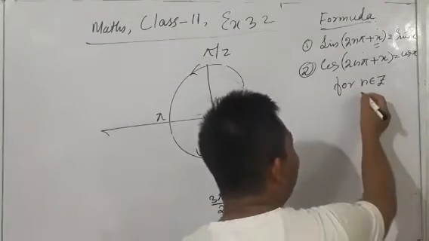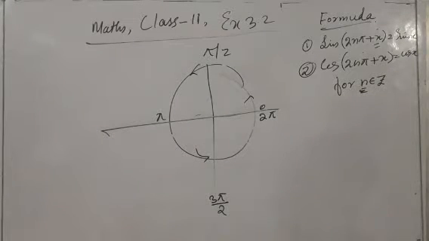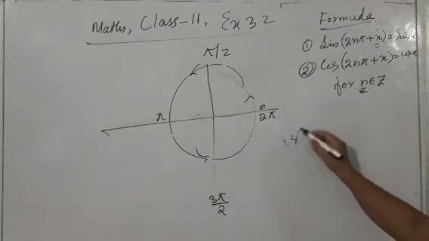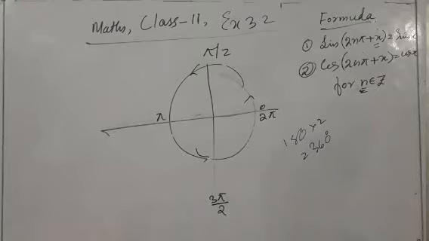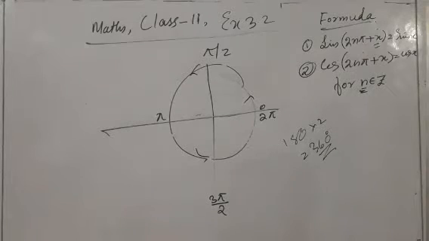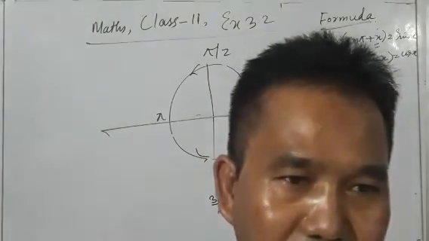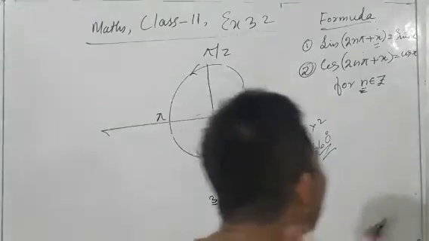So n is caring about the number of rotations. One rotation completed is 2 pi. 2 pi means pi equal to 180, and then 2, so it will be 360 degrees. In one complete revolution, the angle measured is 360 degrees. You have to remember it.